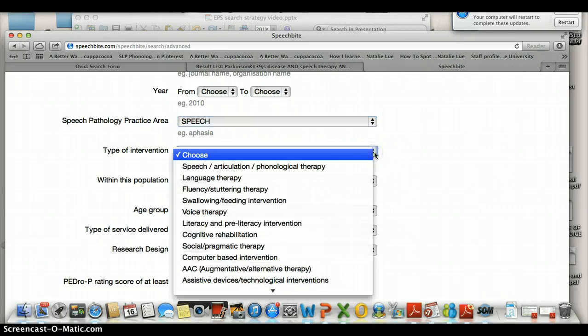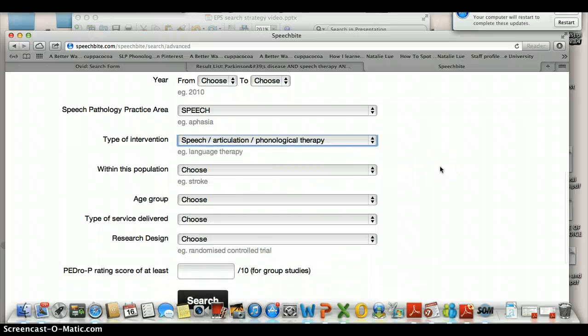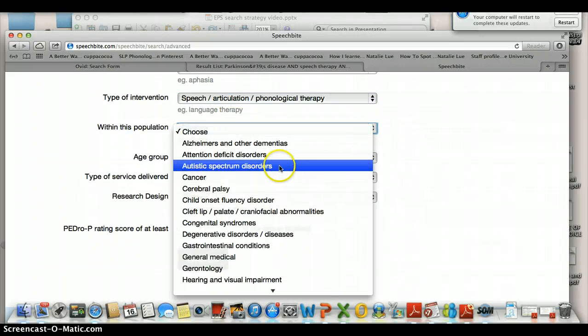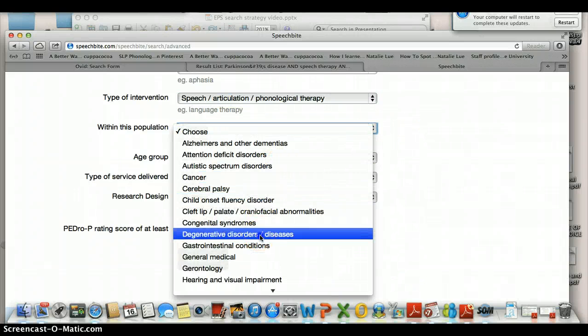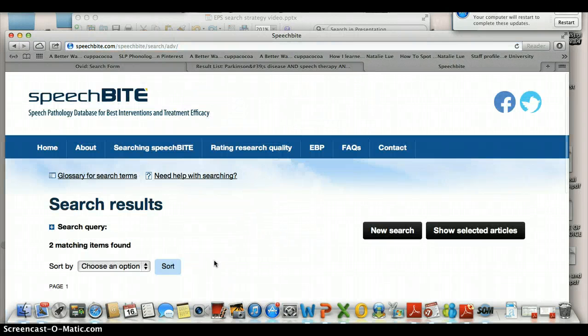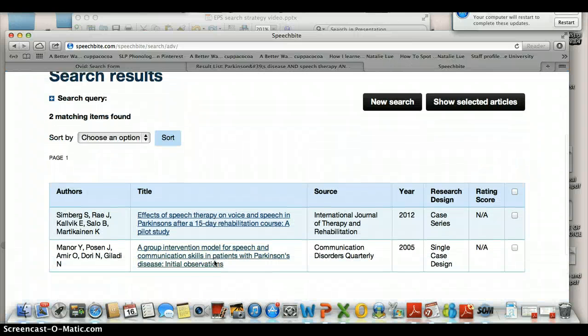Type of intervention is speech therapy, speech articulation, phonological therapy within the degenerative disorders population, and the age group is adults. So when we search in this database, I got two papers.